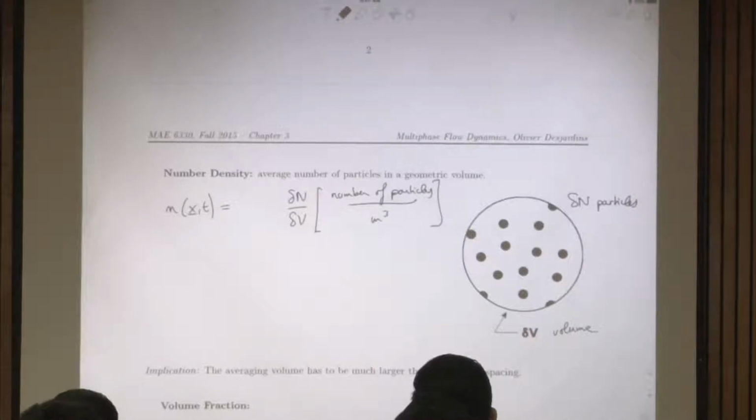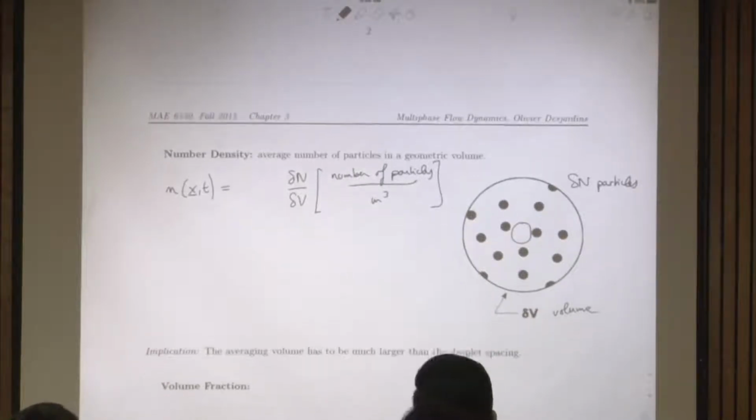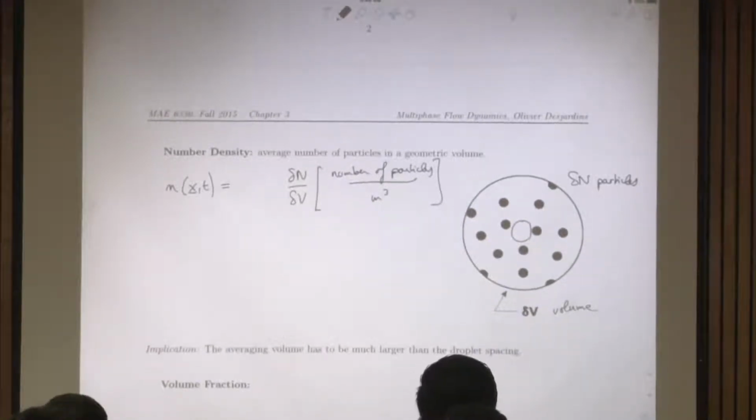Well, if that volume is too small, you can imagine if I were to consider a volume here of that size, I would simply miss all the particles, and I would conclude that my volume fraction is 0. If I were to look at an averaging volume that's as big as my system, I would make this measure essentially useless. At least I would have no local information.